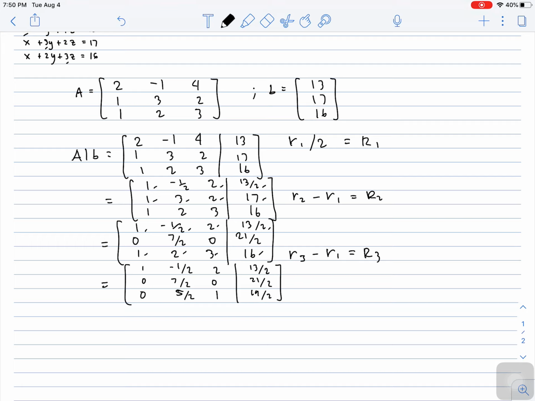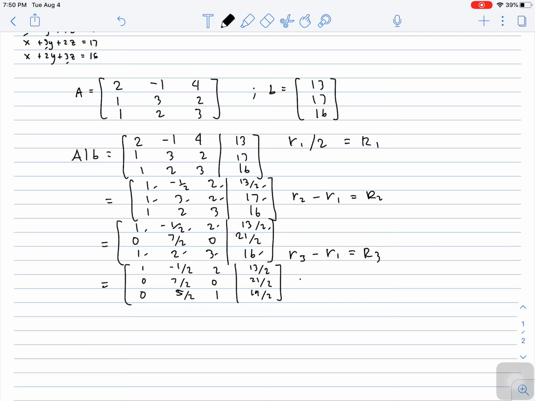Okay. So since we are done with the first row, let's proceed with the second row. And then remember that the pivot is in the middle. Since the pivot is not 1, we will make it 1. So divide by itself, or multiply by the reciprocal of the pivot, which is 7 over 2.